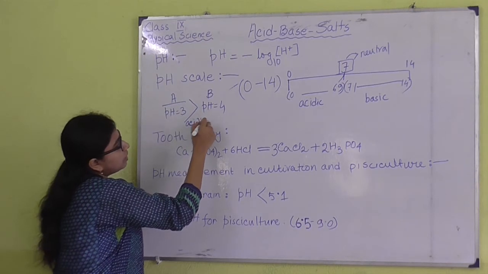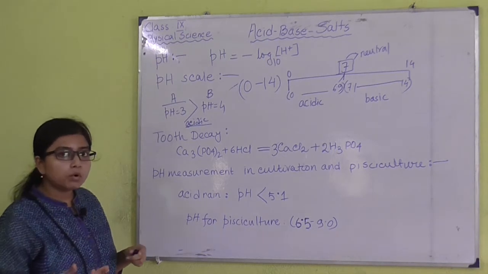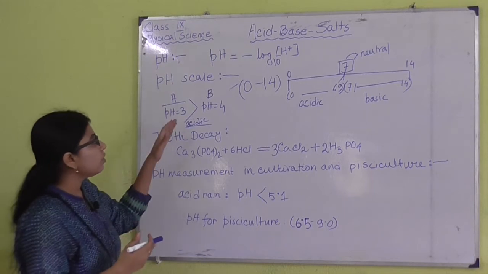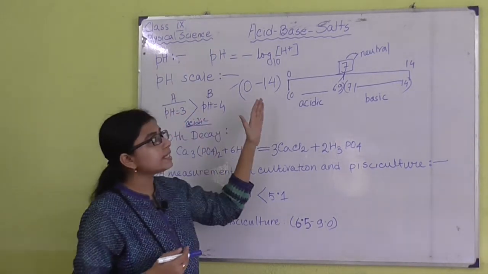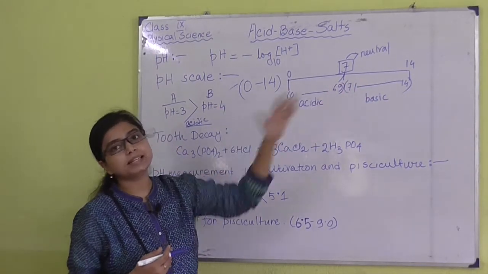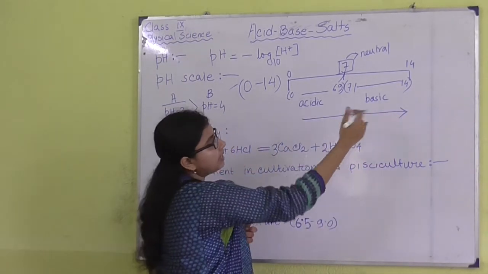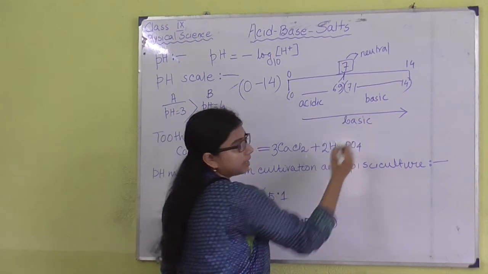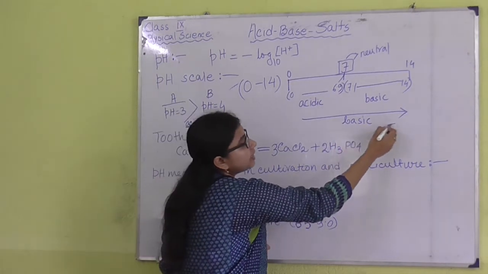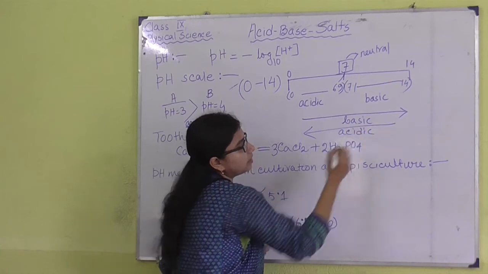The solution which has the lower pH value contains more H+ ion, that means the solution is more acidic. And if the pH value is increasing towards 7 or towards 14, it is becoming basic in nature. If the pH value is moving towards the right side, it is becoming basic, and if the pH value is towards the left hand side, in decreasing order, it indicates the solution is becoming acidic in nature.